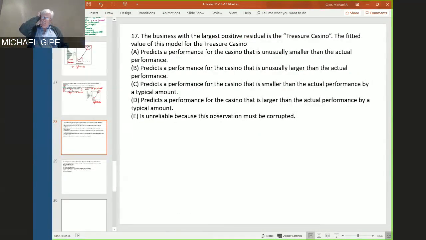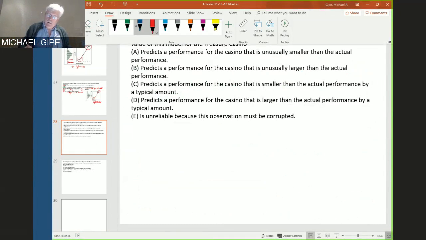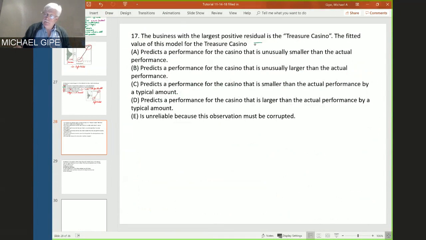So what do we find out here? If the positive residual is big, then the fitted value of this model, that is the predictive one, the spot on the line that should correspond to the Treasure Casino, is much smaller than the actual one, is lower. So the predicted value on the line is less than actual by a lot.